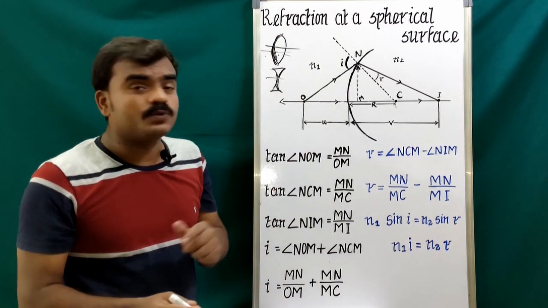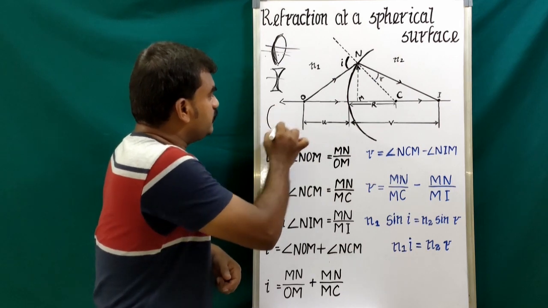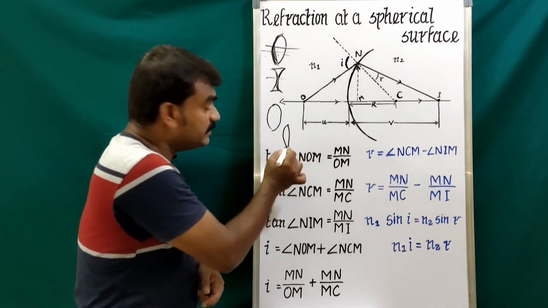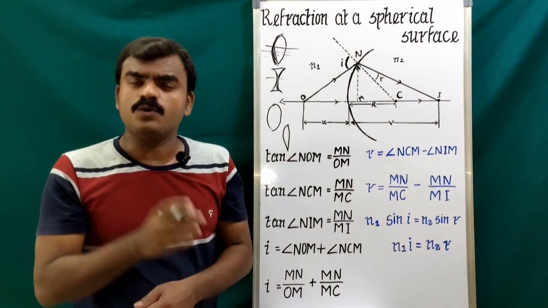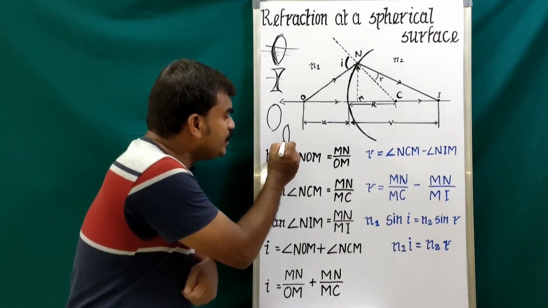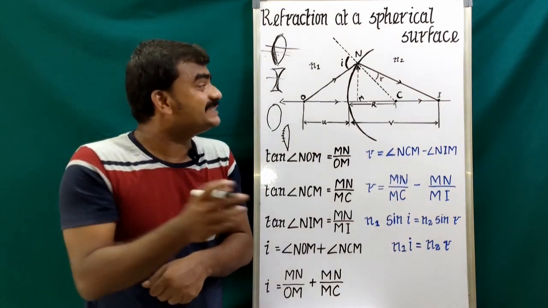In this question, we have taken a very thin lens. See that this is thick, this is very thin. We have taken a thin lens. Why have we taken a very thin lens? Each and every part of this spherical surface acts as a plane mirror.